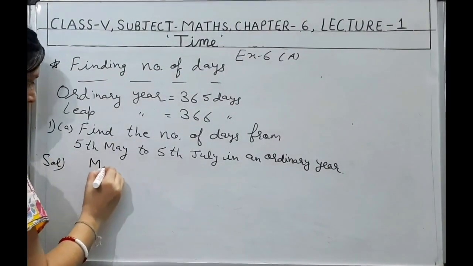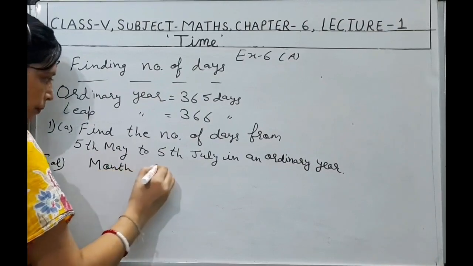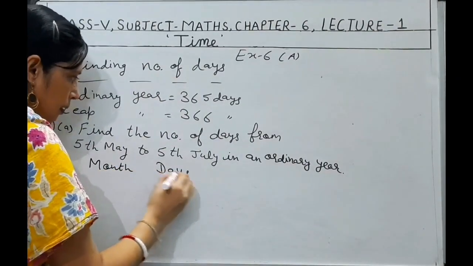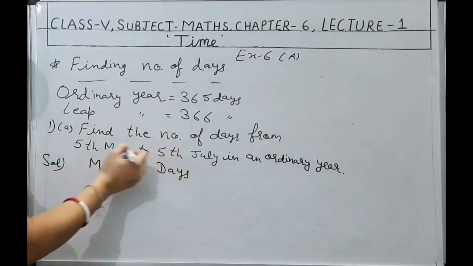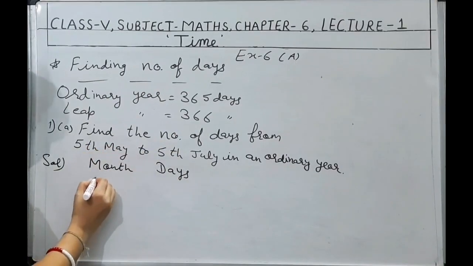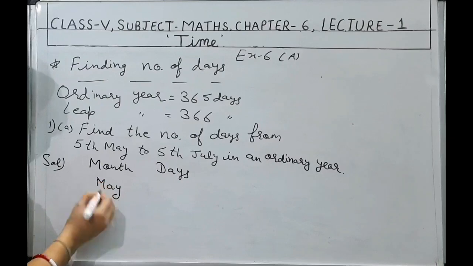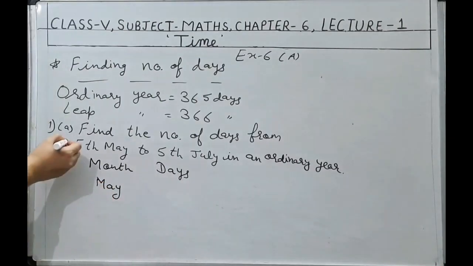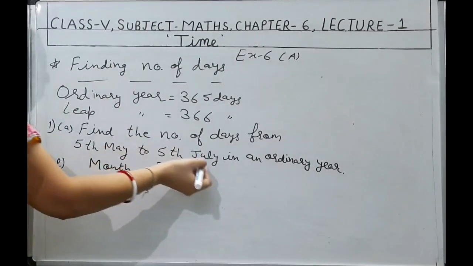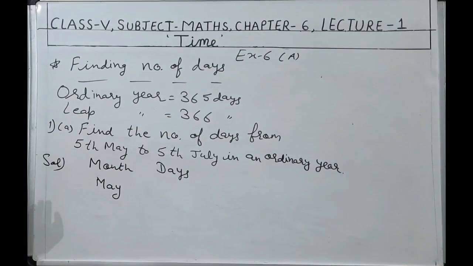First of all, we will write down month and then days. First month is here May. Okay, 5th May to 5th July. So 1st May, 2nd May, 3rd May, 4th May.